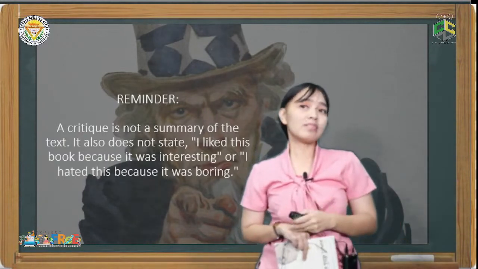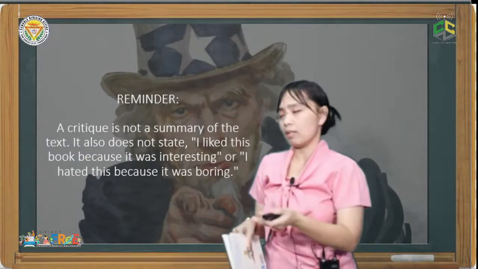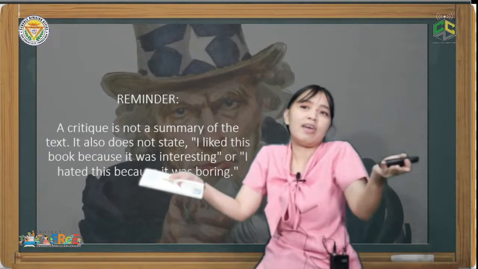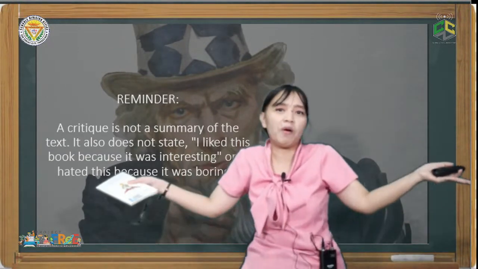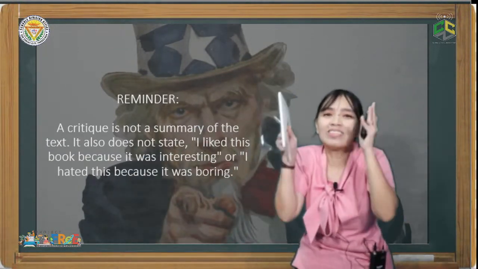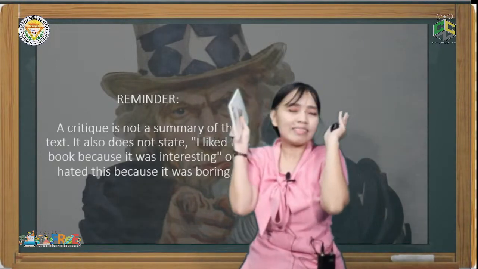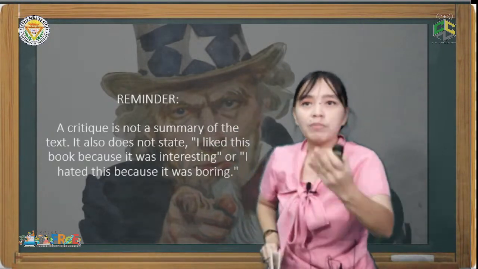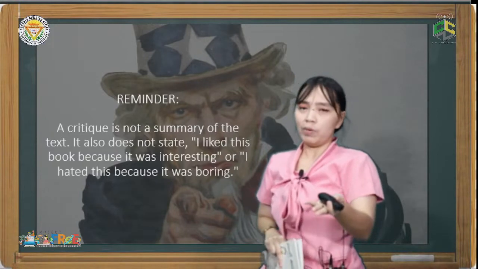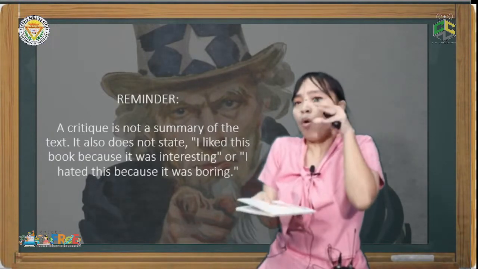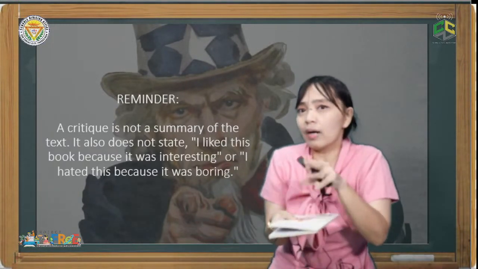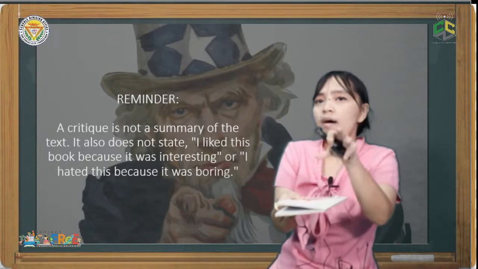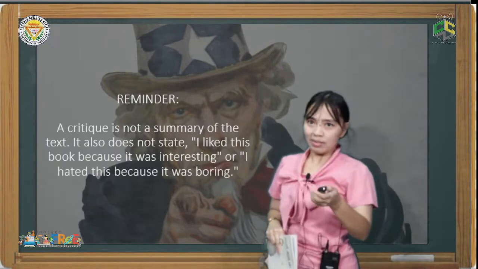It also does not state, I like this book because it was interesting, or I hate this book because it was boring. No, that is said to be a taboo when it comes to coming up with a critique paper. So it should be a more in-depth approach to what you have read, okay?